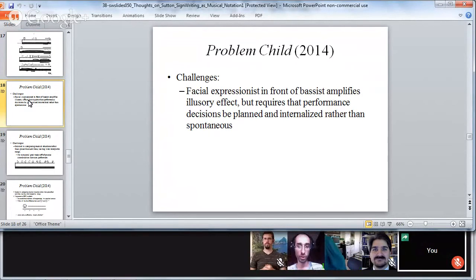So there were a couple challenges particular to this piece. It was, first of all, just a first attempt at working with new musical concepts and technical ideas for me. So I consider it much more as a starting point for future things, rather than a finished piece itself. But some of the problems are interesting to consider because they reflect generally on the conveniences and challenges of Sutton SignWriting in a musical context.